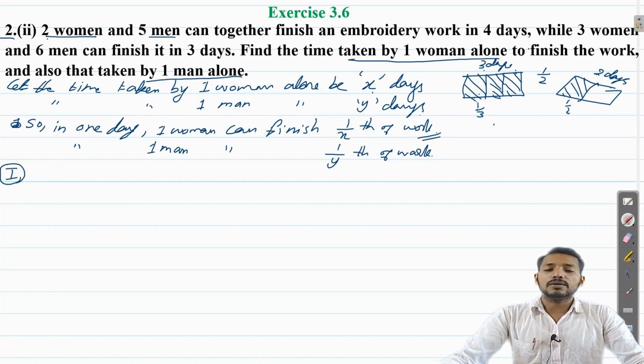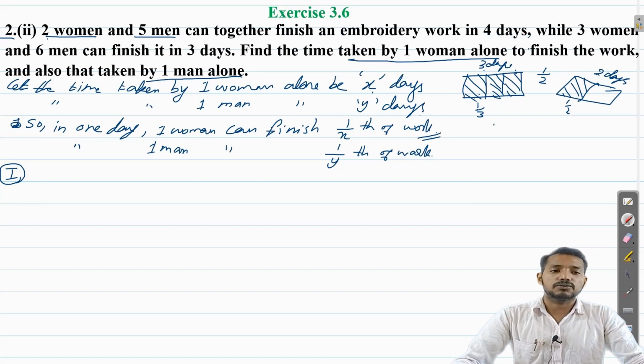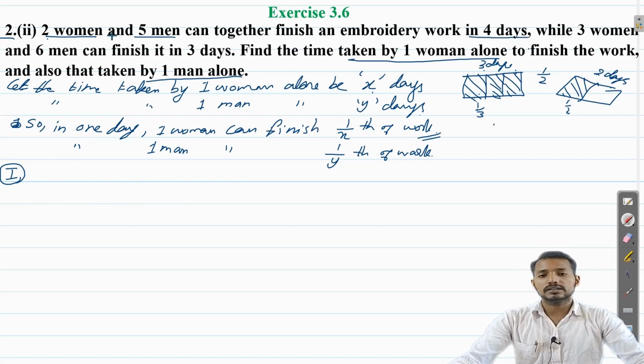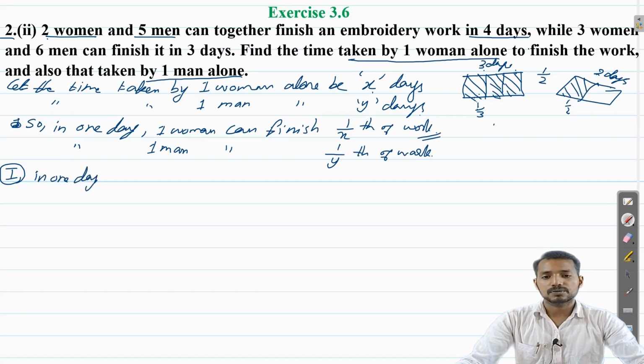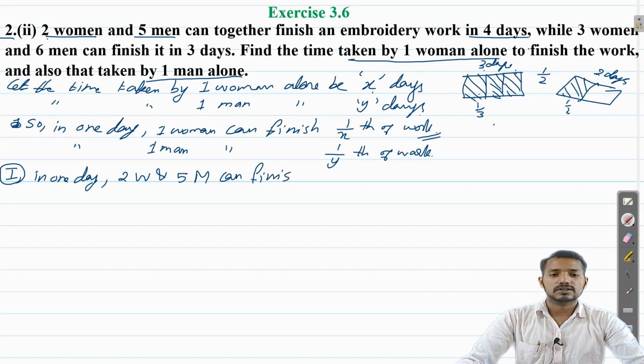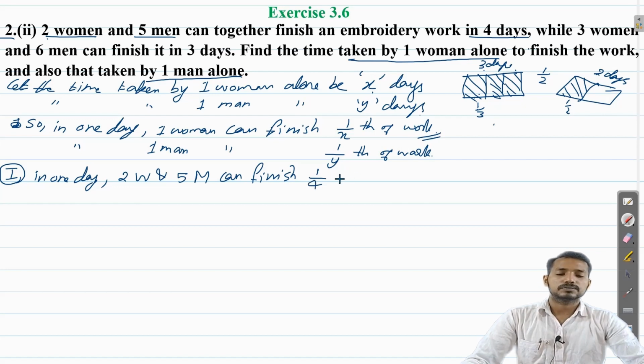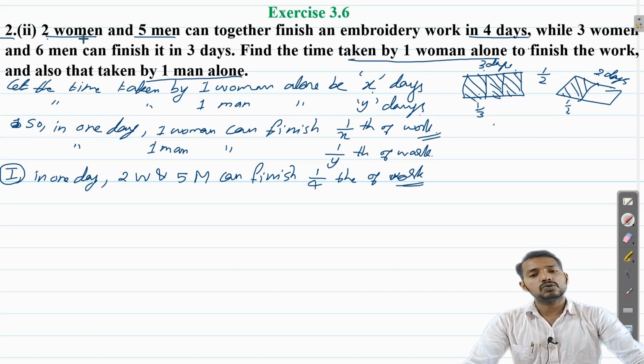Now come to the first situation: 2 women and 5 men can together finish a work in 4 days. So this is the condition. In one day, 2 women and 5 men can finish 1 by 4th of the work, because they finish the work in 4 days.